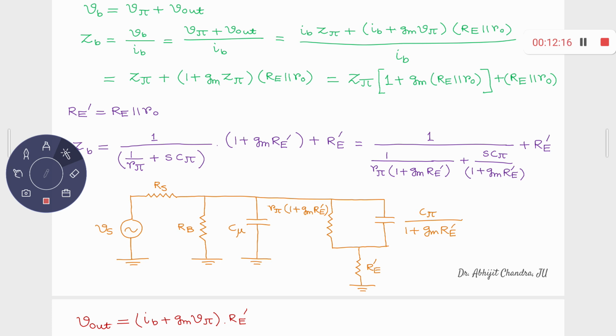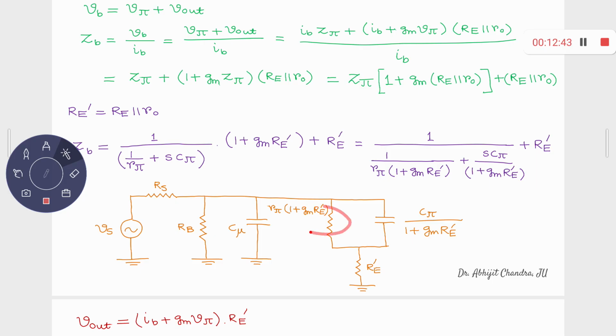What are those two elements which are in parallel? One is obviously R pi into 1 plus gm Re prime. What about the other? This is not a resistance. This is basically a capacitance, because you have this s C pi term. So what is the value of this capacitor? This is C pi upon 1 plus gm Re prime, right?